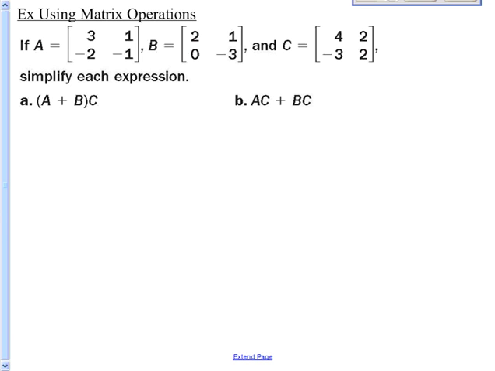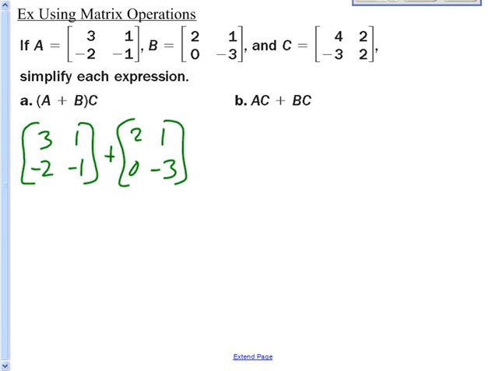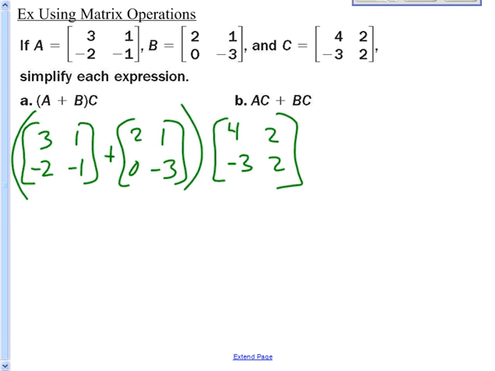Okay, so here's the first one, A plus B times C. So let's go A plus B, and that's times the C. Okay, so let's add the first two initially, inside the parentheses, so 3 plus the 2, so we got 5.